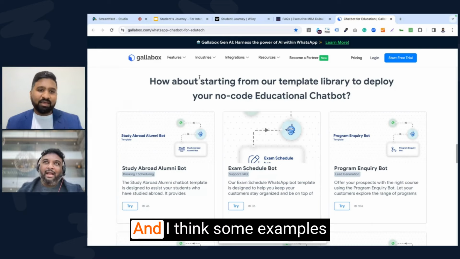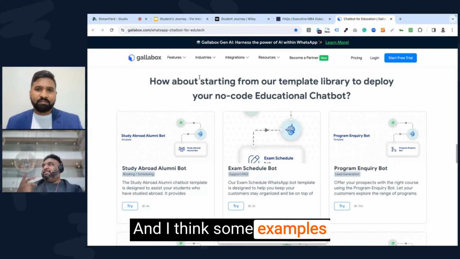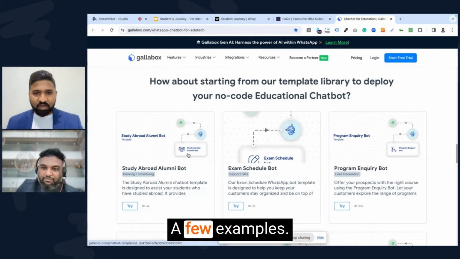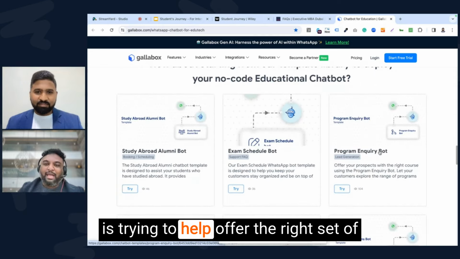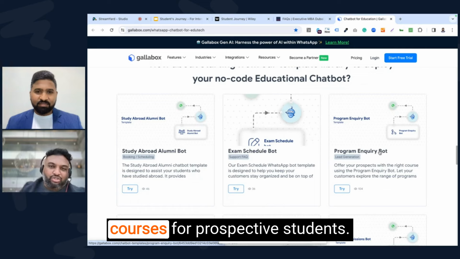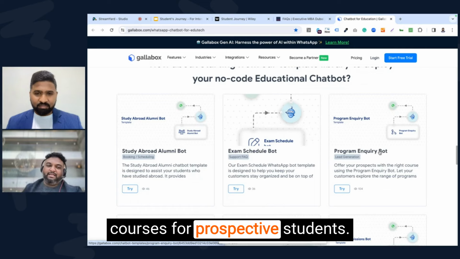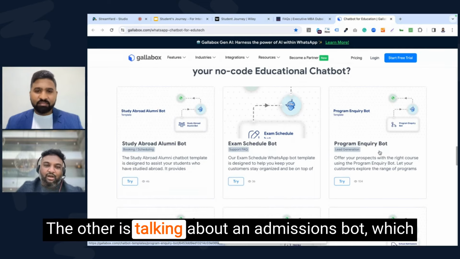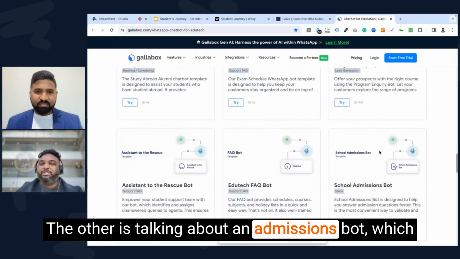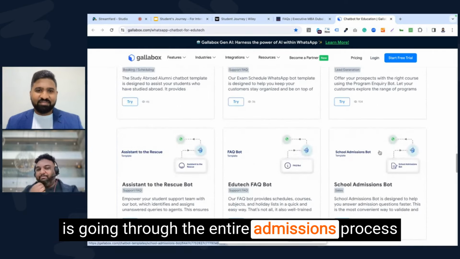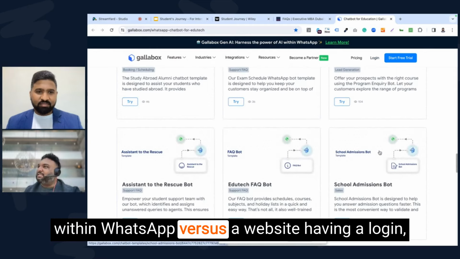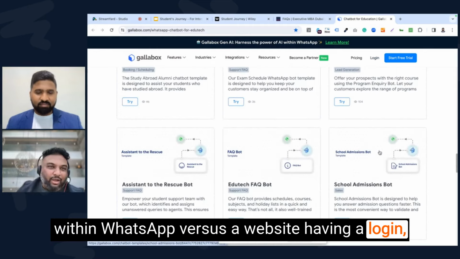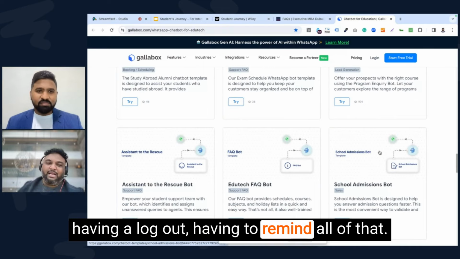I think some examples here would really resonate. A few examples. One is the program inquiry bot, which is trying to help offer the right set of courses for prospective students. The other is an admissions bot, which goes through the entire admissions process within WhatsApp versus a website, having a login, having a logout, having to remind all of that.